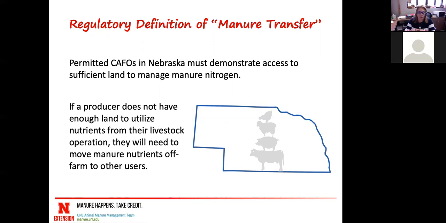And this might involve a spreading agreement of sorts, where a neighbor has agreed that for the next 5 years, or however long you write a contract for, you'd be allowed access to their land to apply manure as part of your nutrient management plan. Or it could be marketing that manure and selling it to other individuals who want to use it.